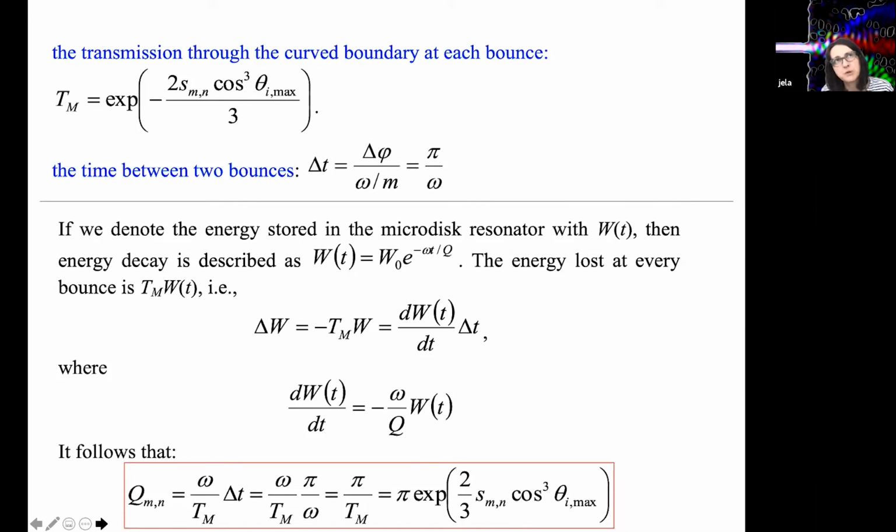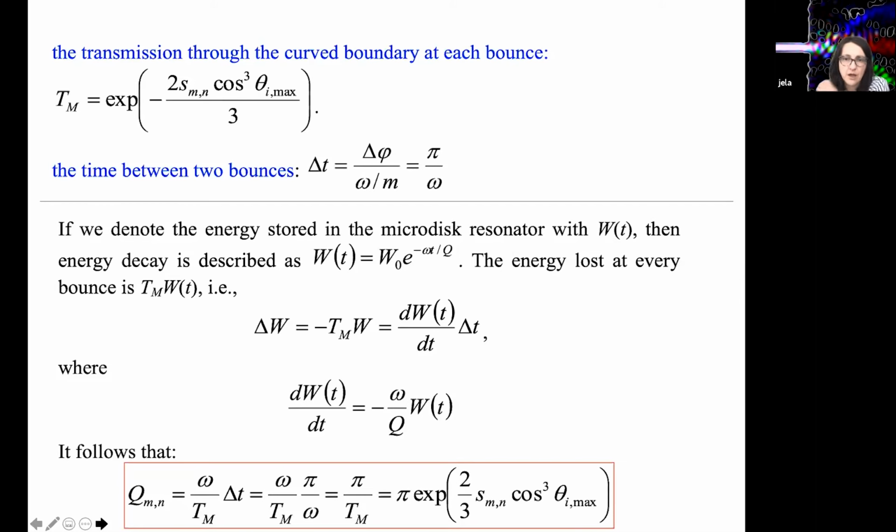Of course, there will be imperfect confinement in the vertical direction, and there will be absorption loss, but this will still give you the upper limit on the Q factor, because if all other loss mechanisms are not present, this one will still be present.